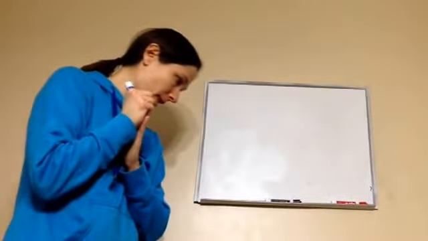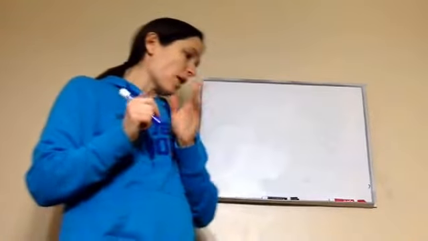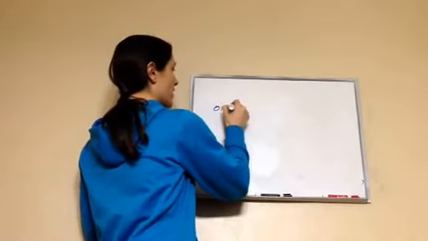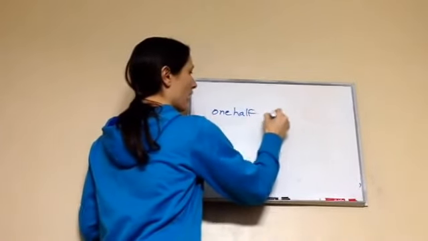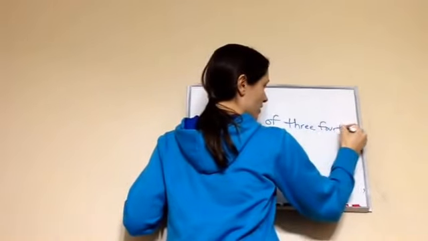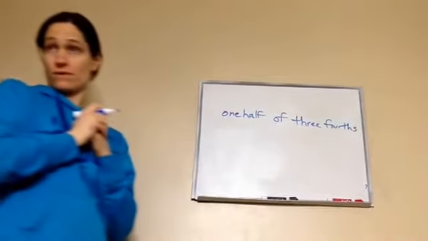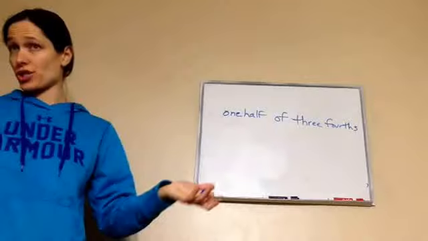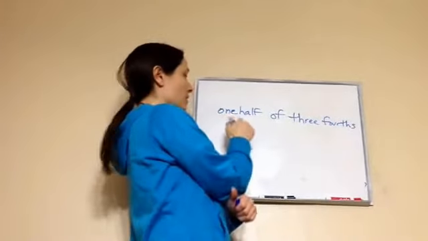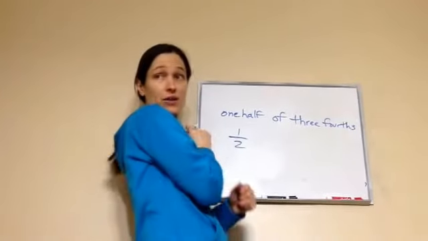Okay? So, help me with this. There's a question, and here's what they ask me. What fraction is 1/2 of 3/4? What's the answer, or what's the fraction of 1/2 of 3/4? 1/2. That's how I write that, right?